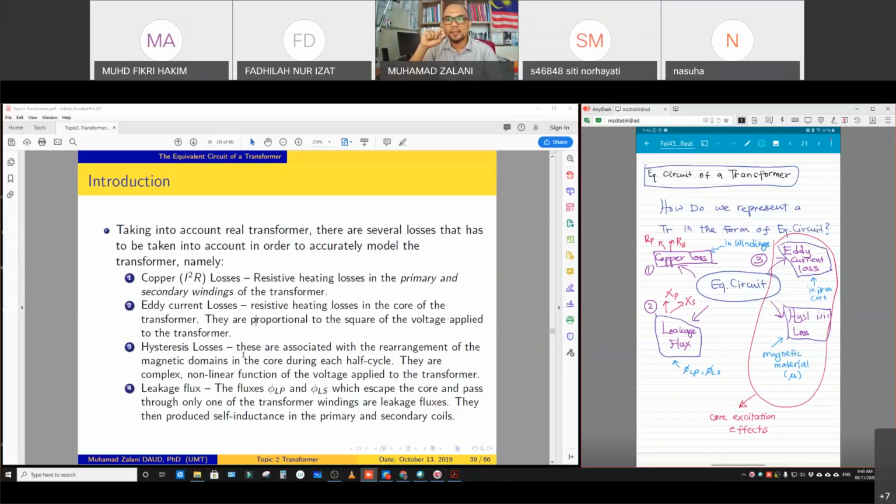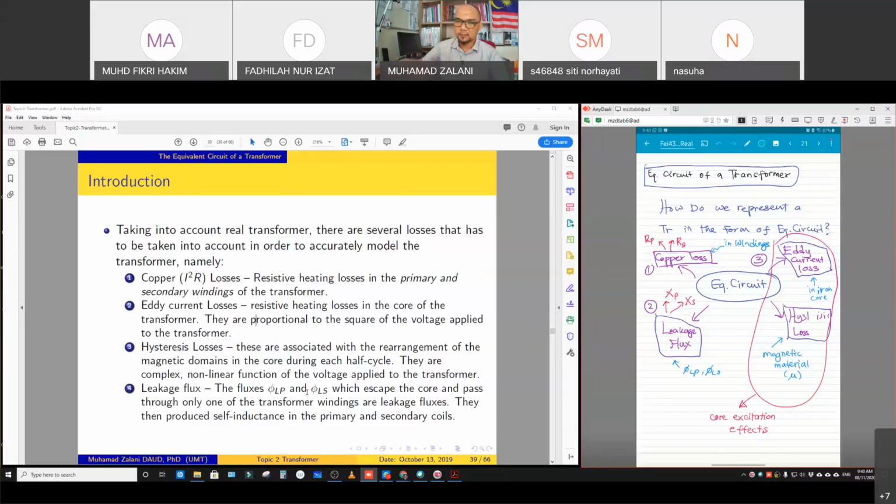So it will cause the hysteresis loss because of that characteristic of the permeability of, for example, the iron or cobalt or nickel that the core of the transformer is made of. So that one is hysteresis loss. We have already established this in our previous lesson as well. And then finally, the leakage flux.